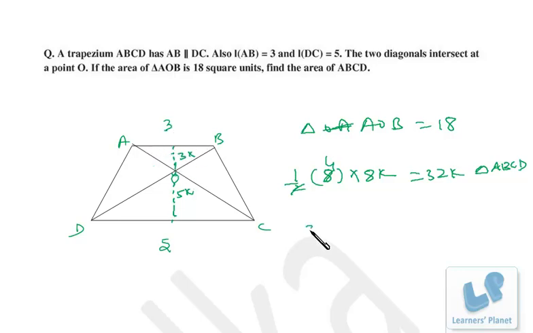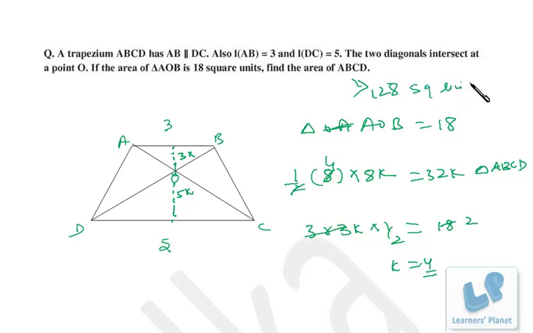Base is 3, altitude is 3K, into half, and this area has been given to us as 18. So that's 9K over 2 equals 18, which means K is equal to 4. If K is equal to 4, the area of ABCD will be 32 into 4, that's 128. So the area of ABCD is 128 square units, whatever units we are using here.